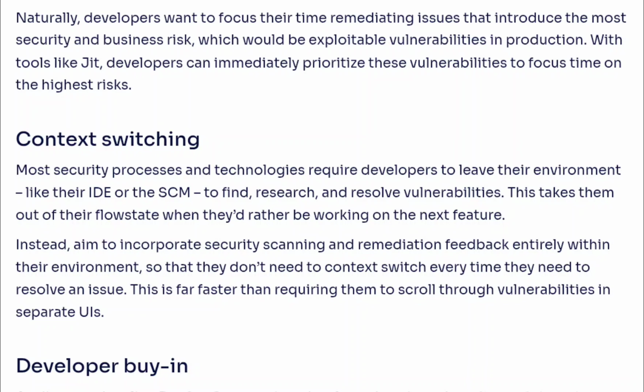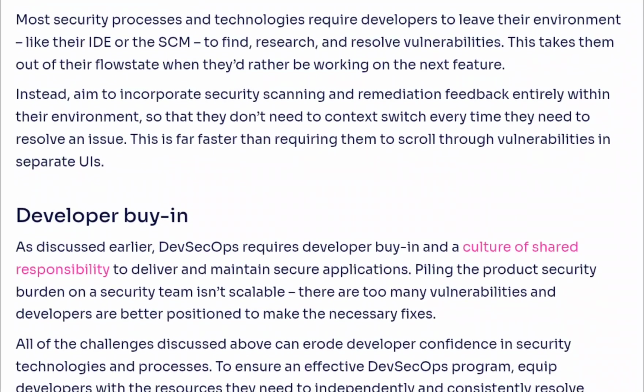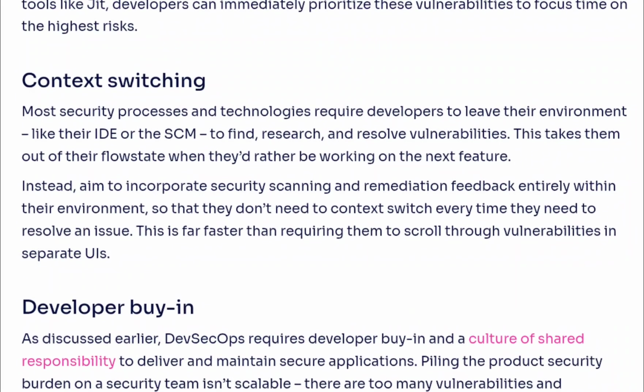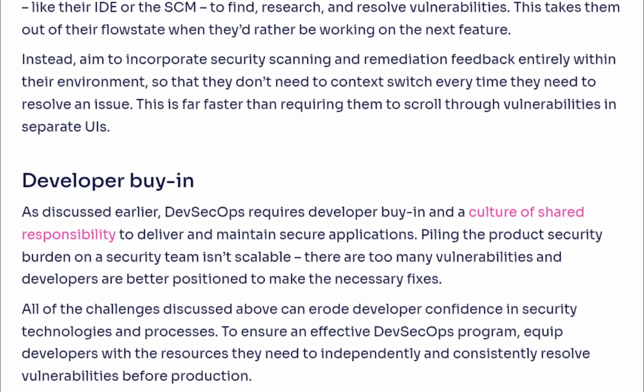This takes them out of their workflow, and they would rather be working on the next feature. Ideally, the security work should sit in their development environment or Git, whatever it may be, so they are not pulled away from upcoming features or new innovation. That is one disadvantage.